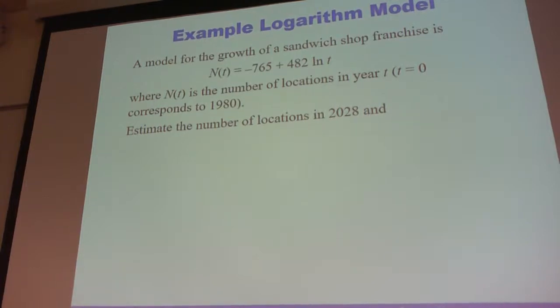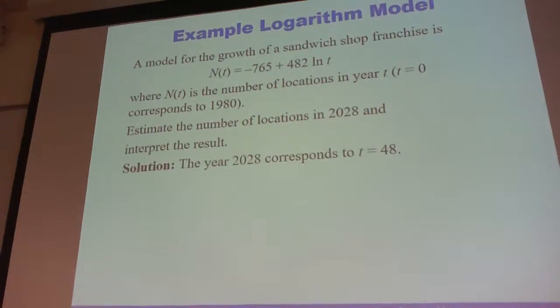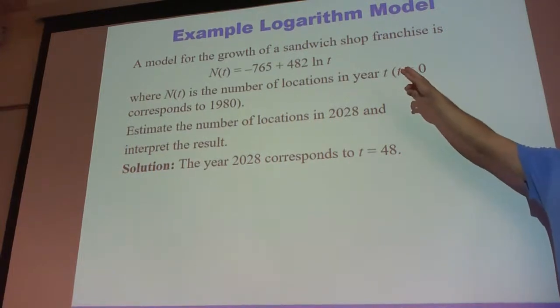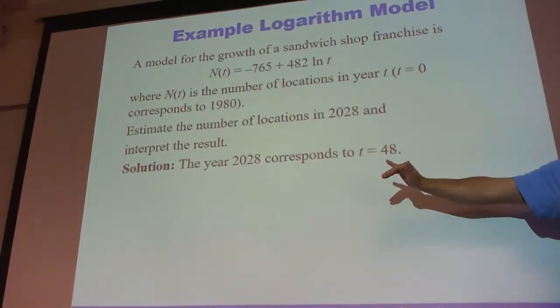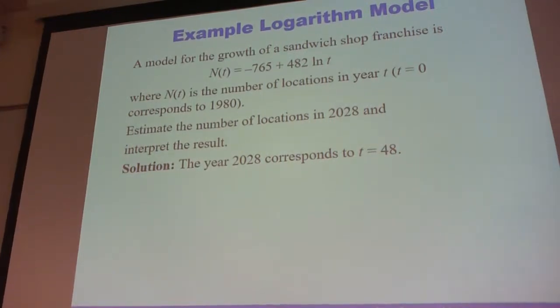And 2028 is plugging in T of 48. So read it, figure out input, output. You're going to plug in 48 into the original, find the derivative, plug 48 into the derivative, and explain. This one I want you to read on your own.